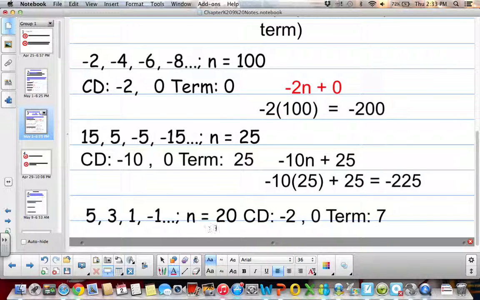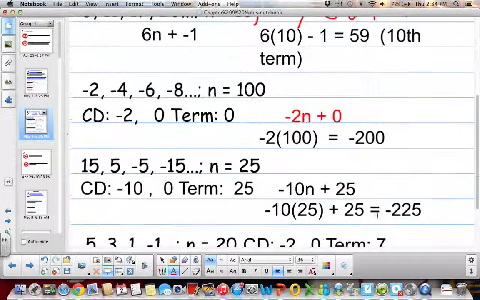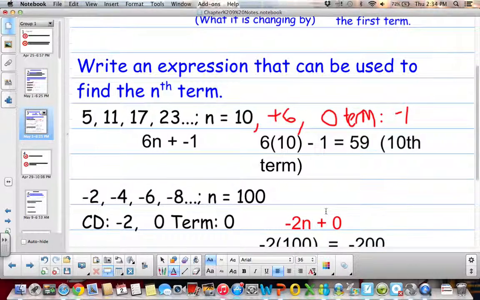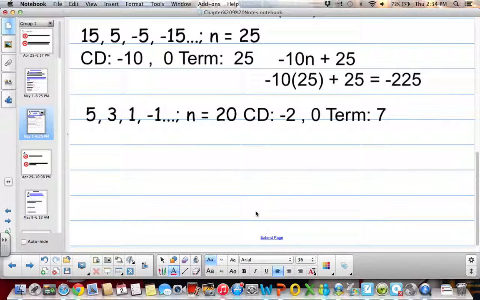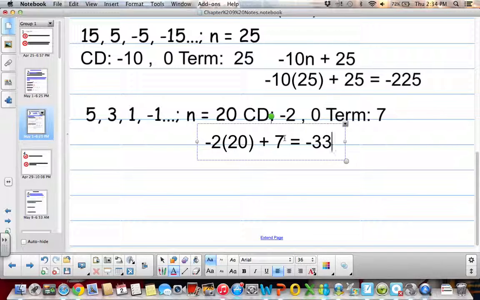So our equation then is -2n plus 7, so -2 times 20 plus 7. So we'd have -40 plus 7. So it would be -33.